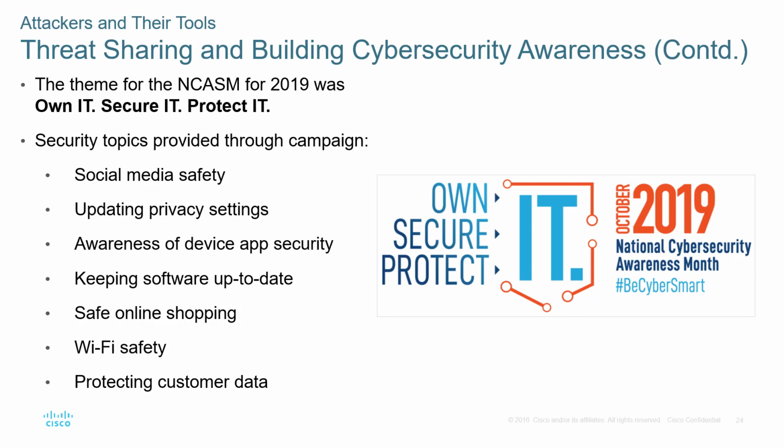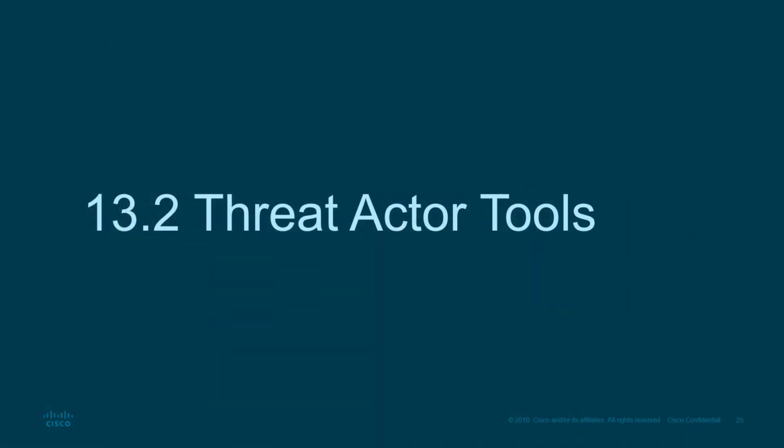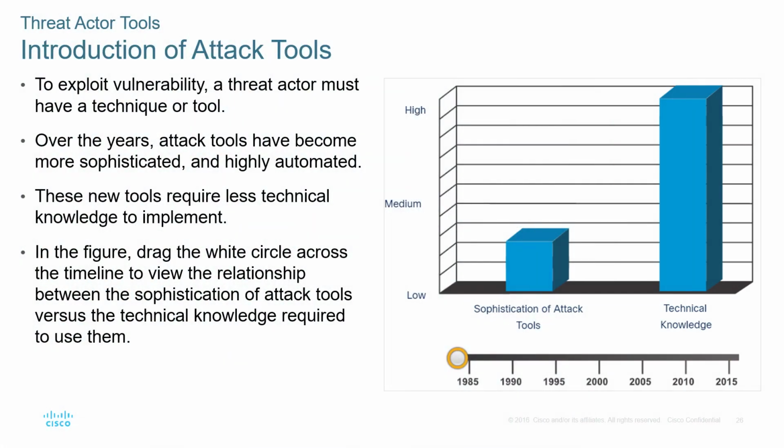With that, we can then start talking about the tools that hackers may use. Basically, the sophistication of the tools is pretty low. The nice thing is the technical knowledge is getting more complex. Again, a script kiddie can find tools on the internet and can run them.